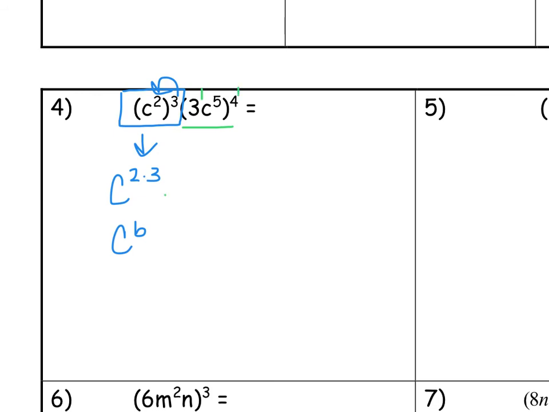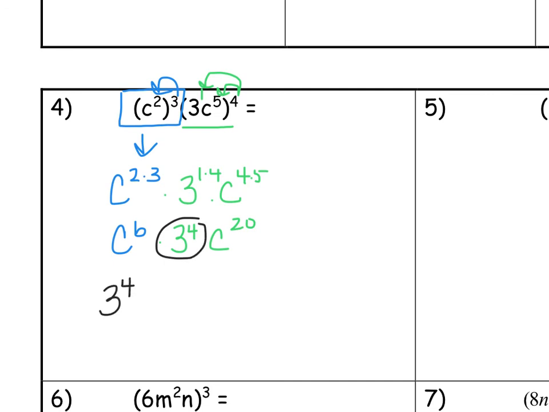So we're going to multiply that 4 times 5 and that 4 times 1. So we get 3 to the 4 times 1, and c to the 4 times 5. This is going to give us 3 to the 4th power, and c to the 20th.